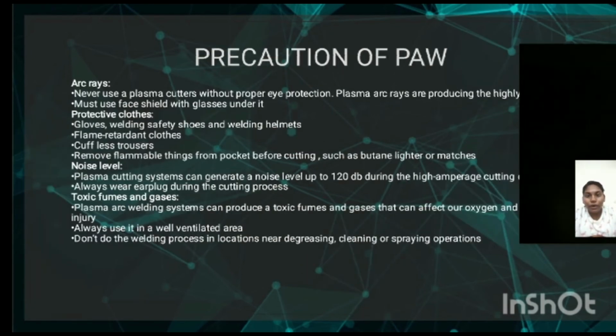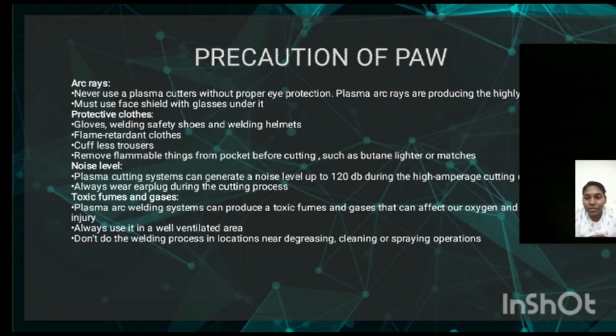So next I would like to present the precautions of plasma arc welding. These are important things that we should know when we use welding. First of all, we must use a face shield with glasses under it.